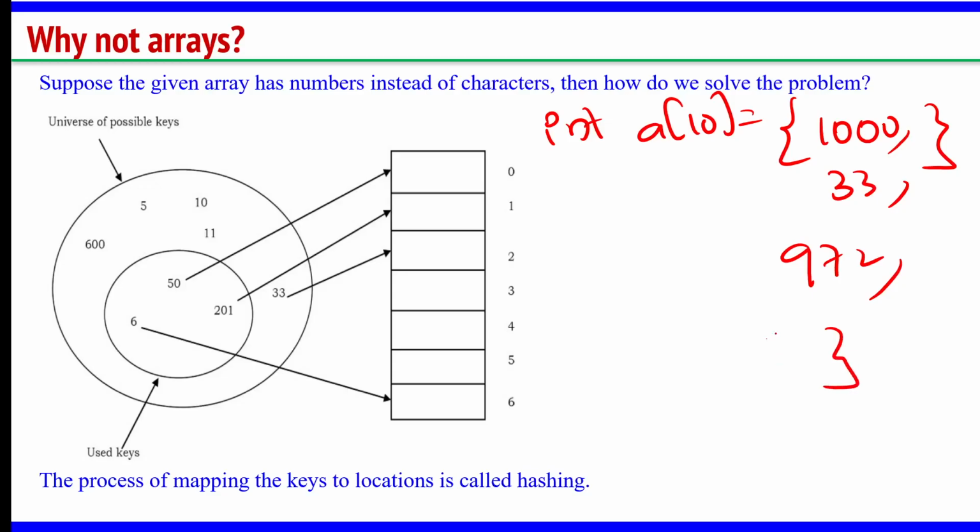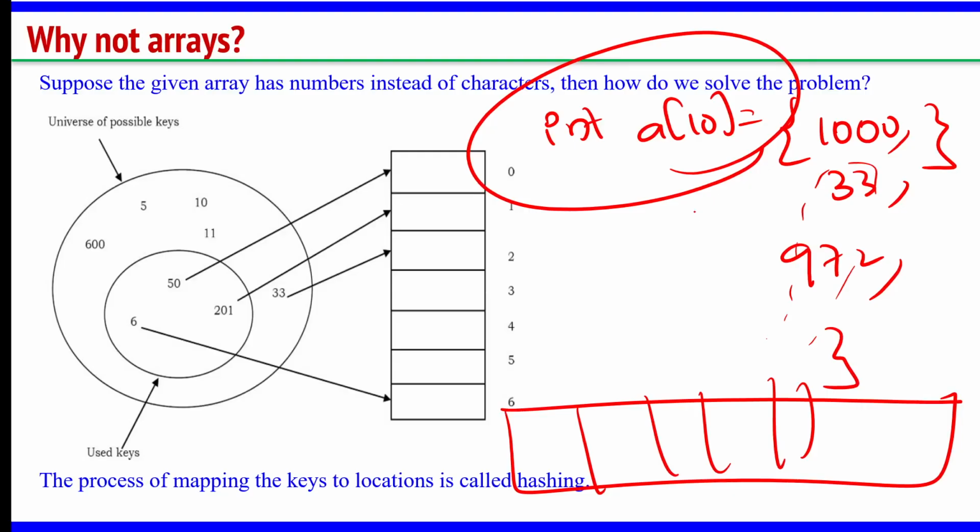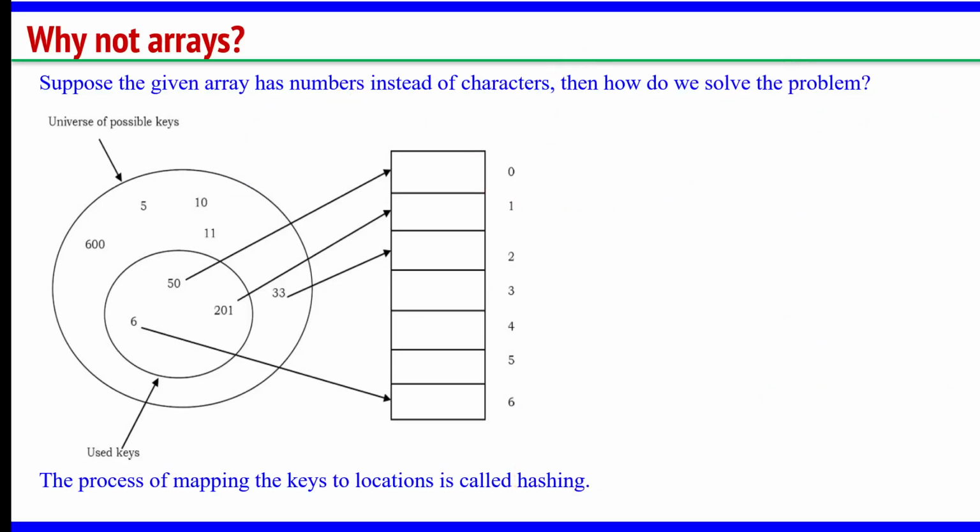I can have n number of elements in the array, so I cannot create a very big temporary array. For these kinds of problems, if you want to do it in an easier and faster way, we use hashing. So let's go and study different concepts in hashing.